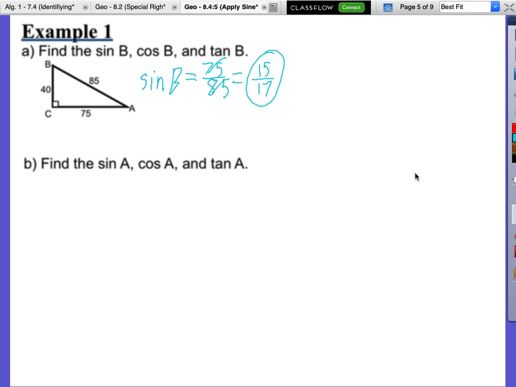This is next to it. So the one adjacent to angle B is this leg. When we say sine of B, we're talking about angle B, not angle A. Sine of angle B. Yes, okay, that makes sense.